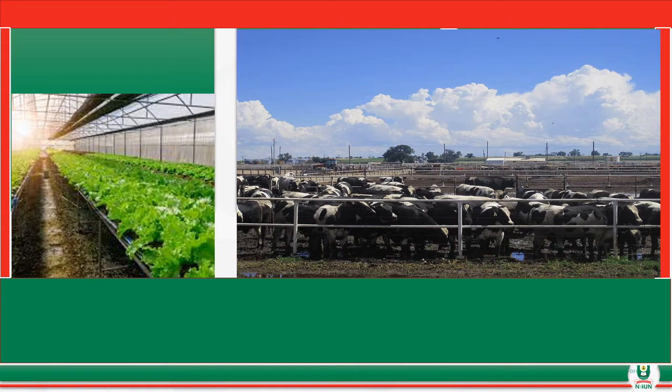Why is greenhouse useful? When we talk about farm management, in a greenhouse you don't need a very large space. Just a small space, you can cultivate and then harvest, and your harvest will be maximized.